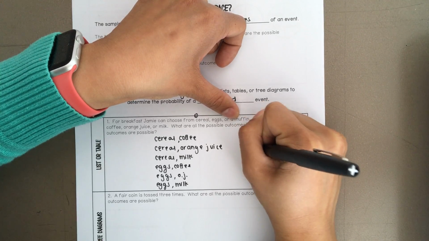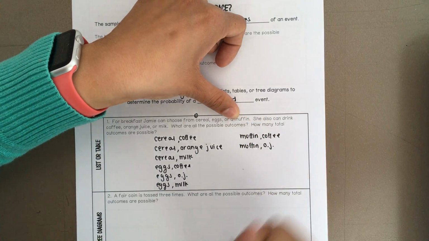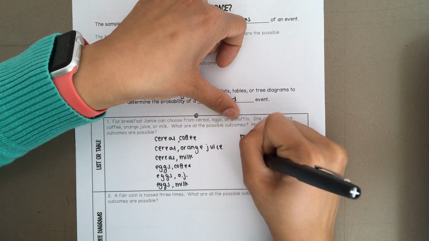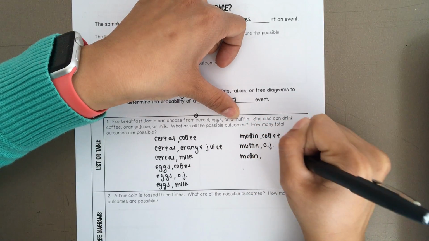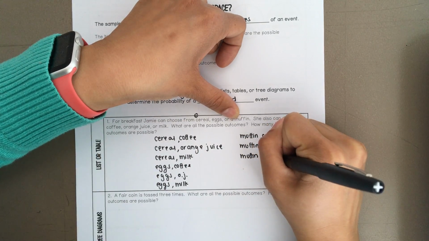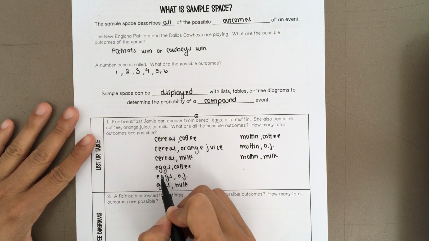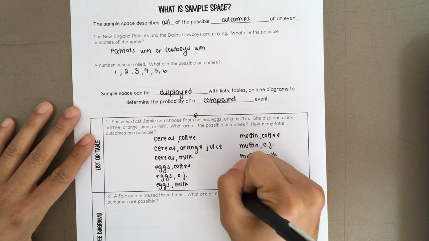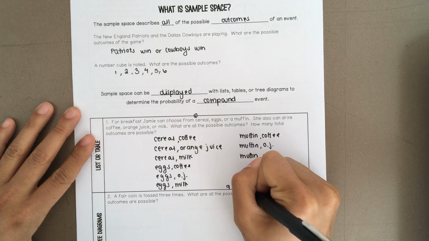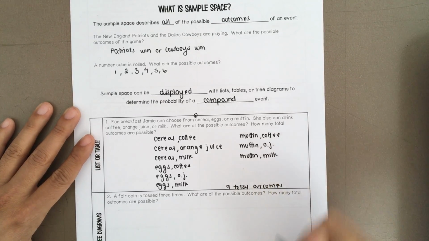With a muffin, you can also get orange juice. And with a muffin, you can get milk. So take a look at what we have here. We have 1, 2, 3, 4, 5, 6, 7, 8, 9 total outcomes.